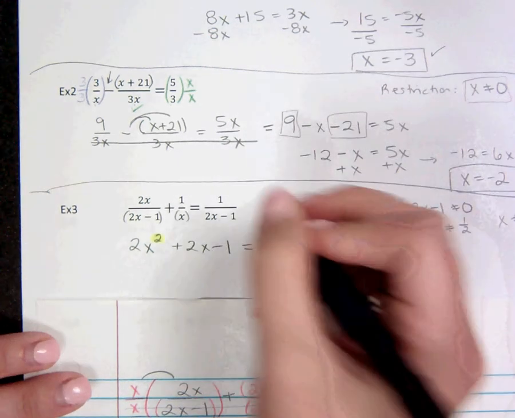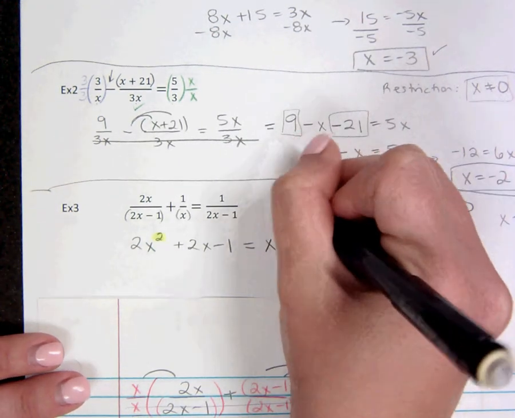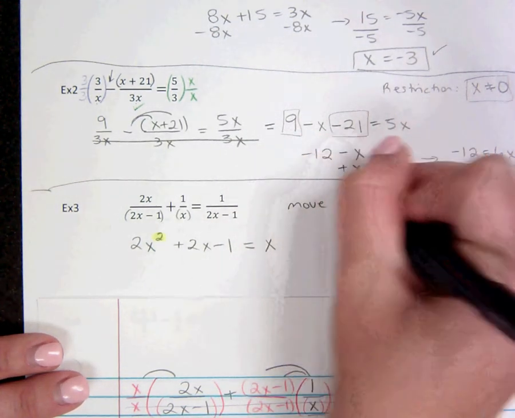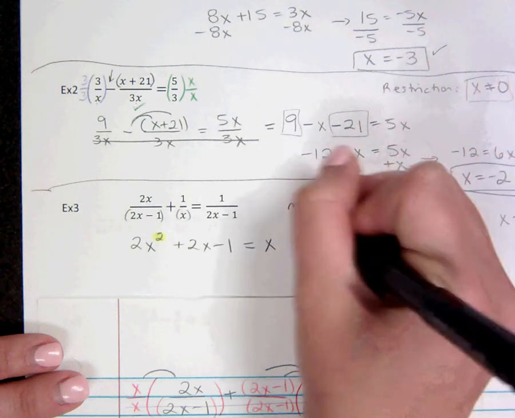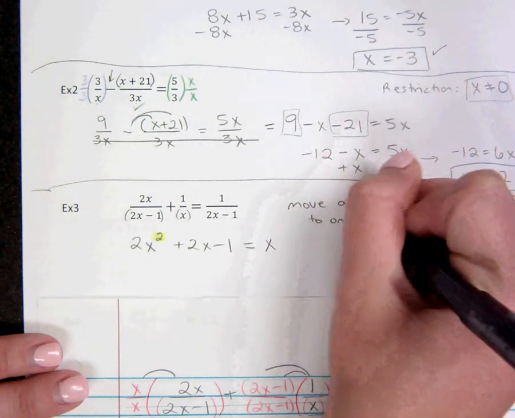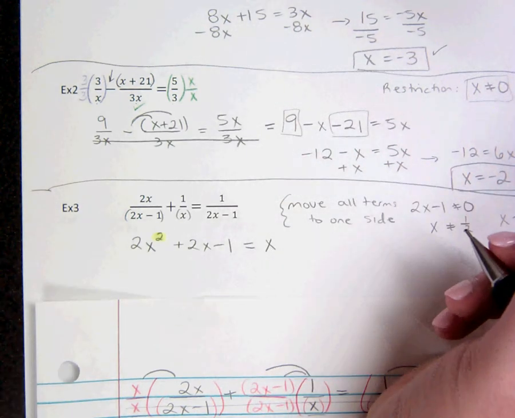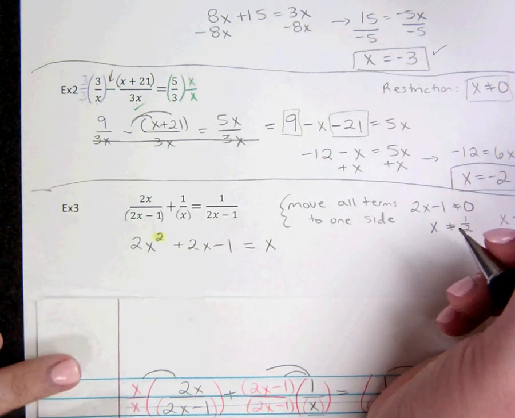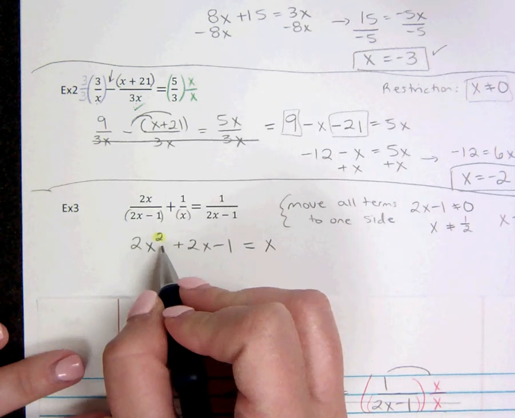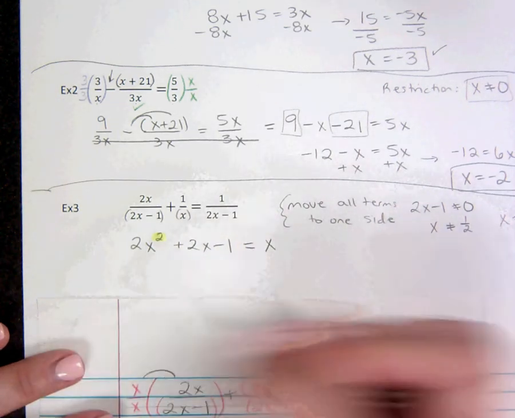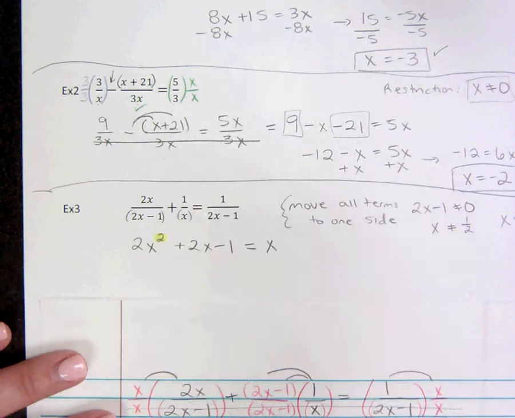When you have to factor, you need to move all terms to one side. We haven't really seen this much. We'll see it more in chapter 12 and maybe a little bit in chapter 11. But anytime you have a squared term, instead of balancing like we do for linear, we want to move everything to one side.